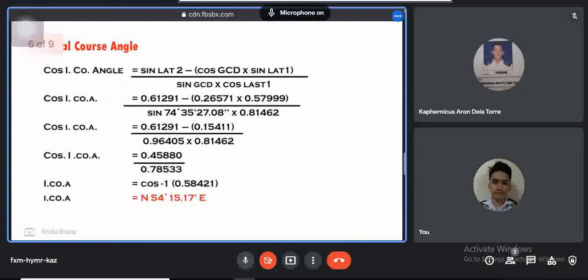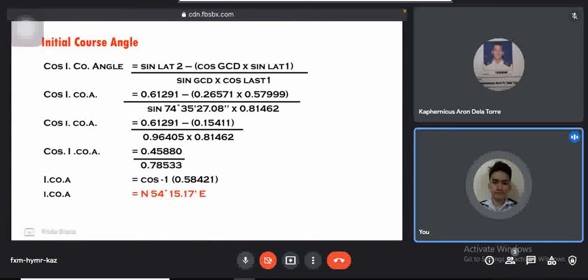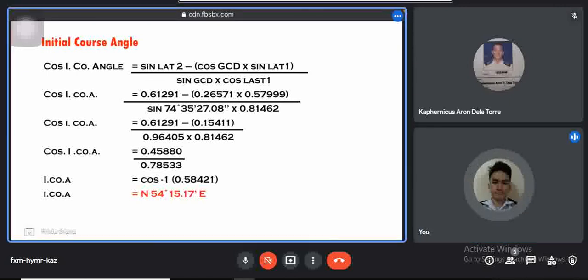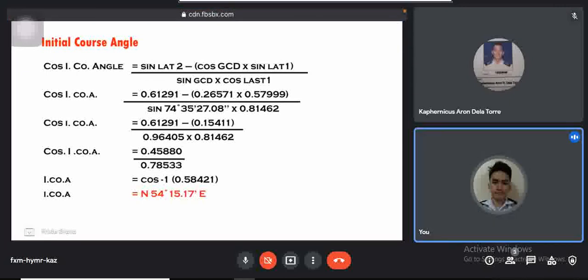In solving the initial course angle, the formula is cosine initial course angle equals sine latitude 2 minus the product of cosine GCD multiplied by sine latitude 1, divided by sine GCD times cosine latitude 1.